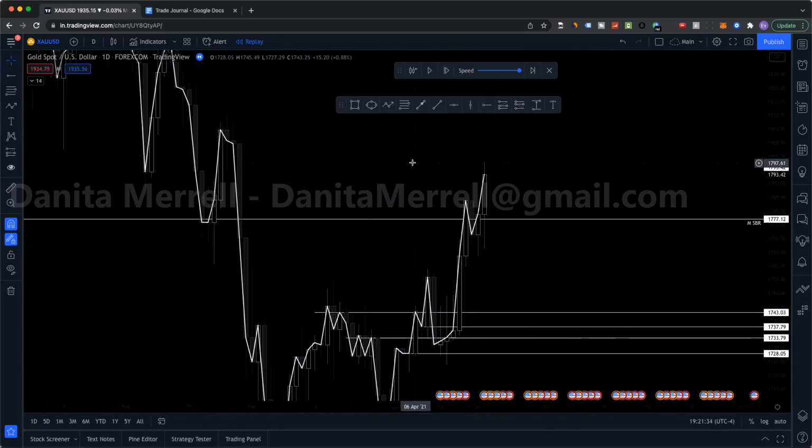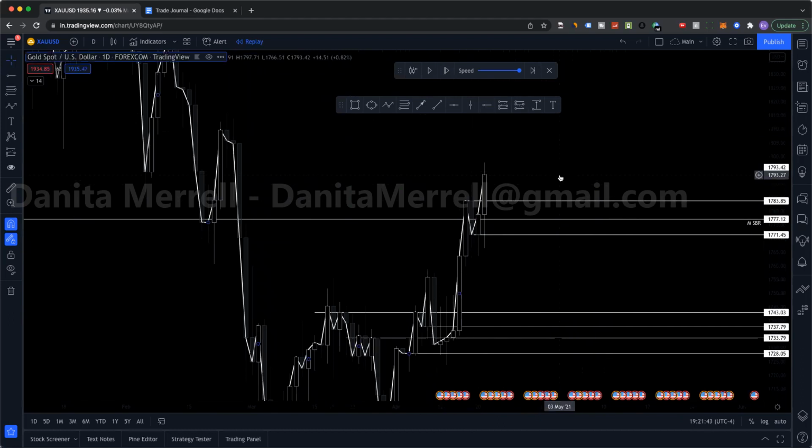If we look at daily, we have a new daily level here. Okay, as price is pushing through, right? This happened, it pushed through. We have a new support here.